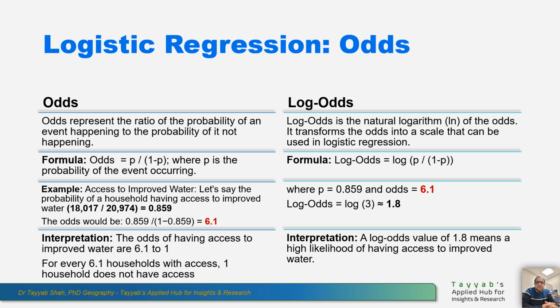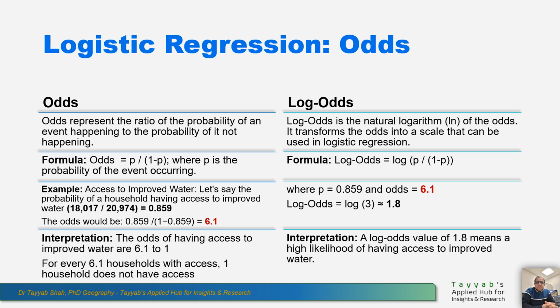This is the equation used to determine the odds of an event occurring. For example, from the previous data set, we take the total number of households with access to improved water sources divided by the total number of households.